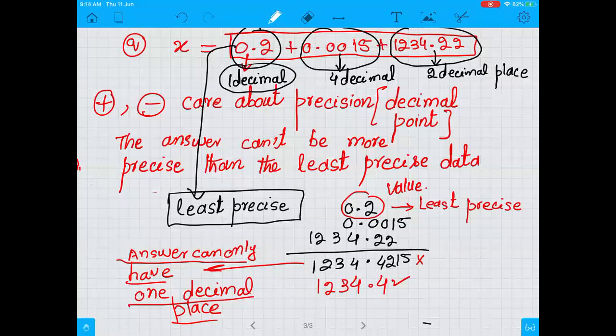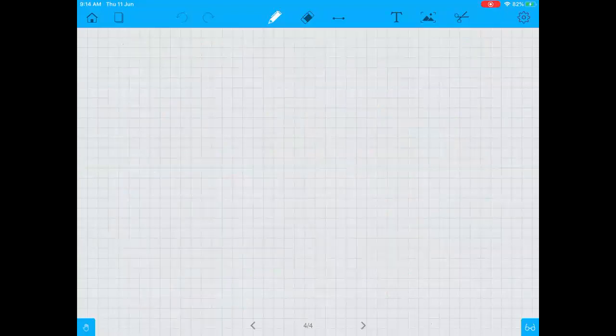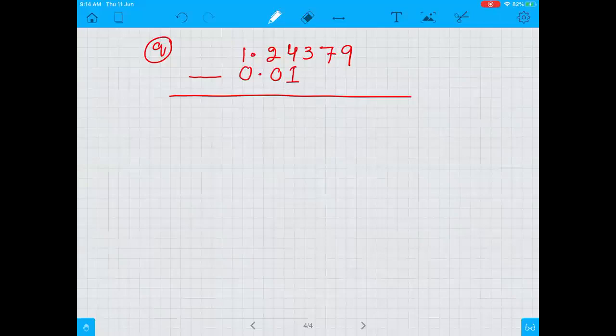Now, if you go for subtracting two numbers, let's suppose someone asks you to subtract 0.01 from the number 1.24379. Now you have two data values to be subtracted.